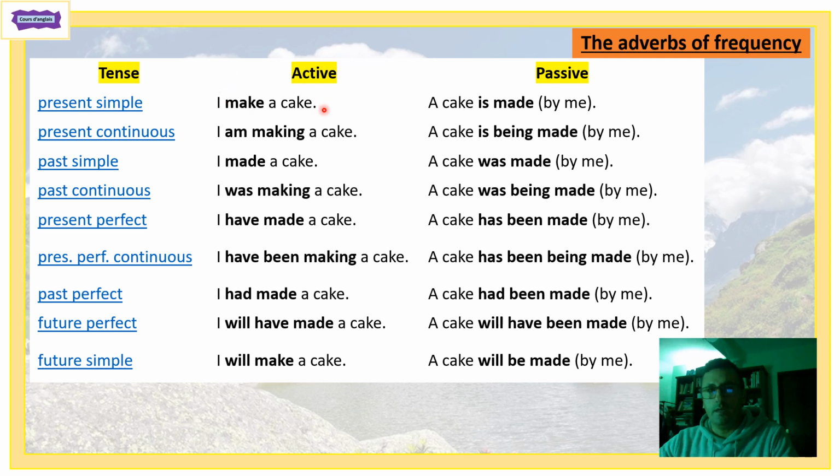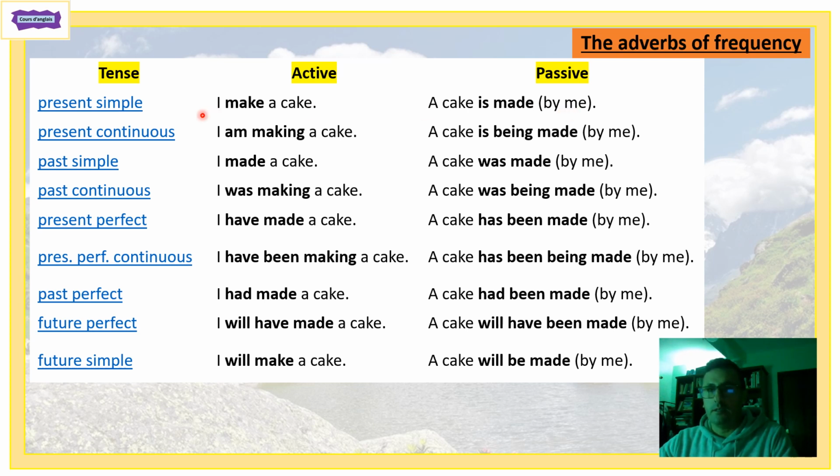Pour la rendre à la voix passive, ça va nous donner comme ça. A cake is. Pourquoi is? Parce que c'est le présent. Present is made. Pourquoi made? Parce que le verbe c'est to make. Donc, le past participle, le participe passé de ce verbe, c'est made. Et on peut bien sûr ajouter by me, par moi.